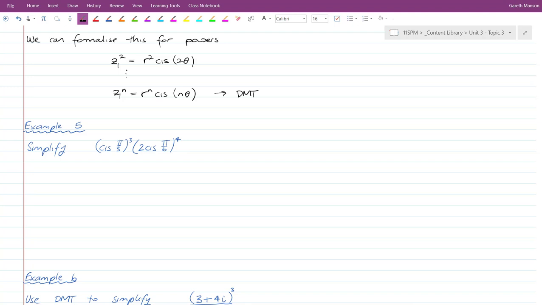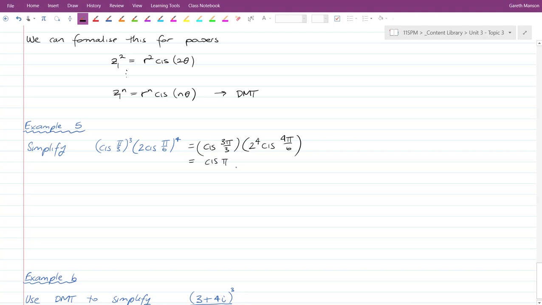So example 5 on this particular OneNote is cis pi on 3 cubed times 2 cis pi on 6 to the power of 4. And this simplifies to give cis 3 pi on 3 times 2 to the power of 4 cis 4 pi on 6. And that's equal to, and I'm going to leave this the same, but I'll simplify that down to be cis pi.